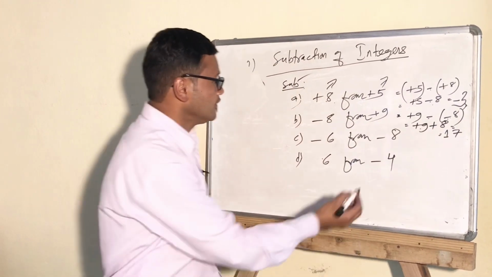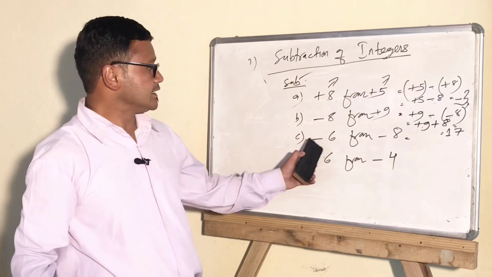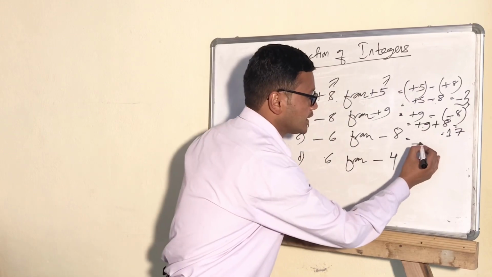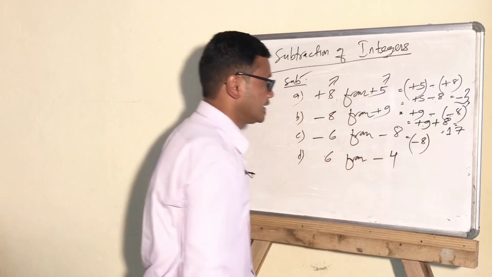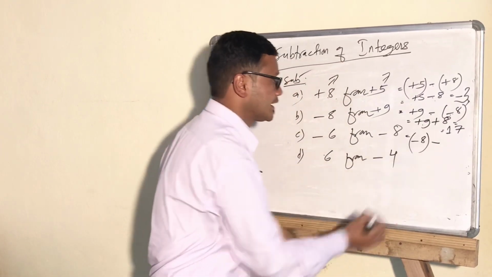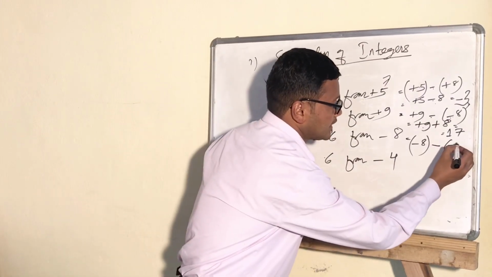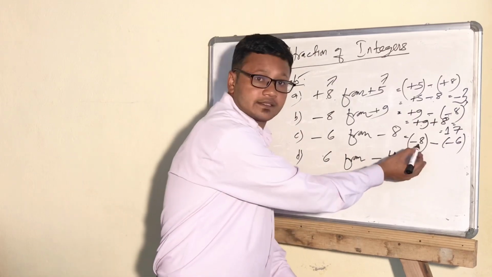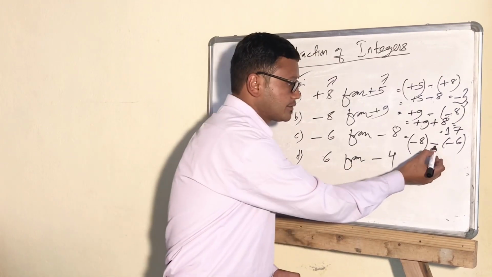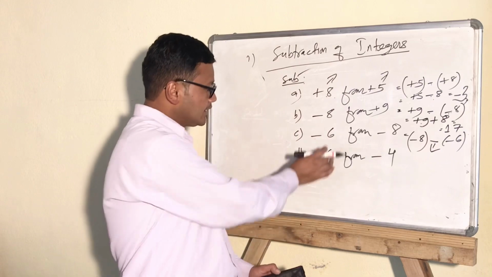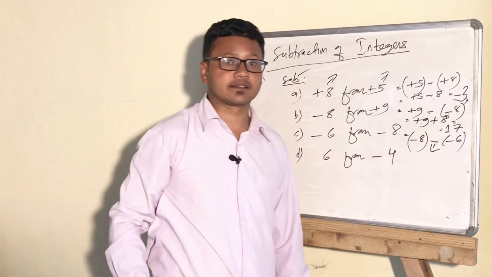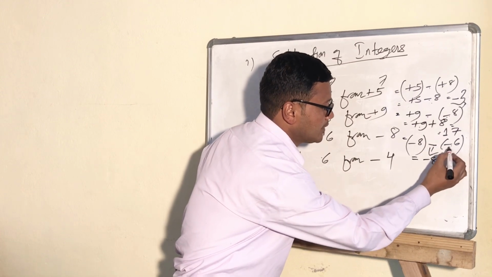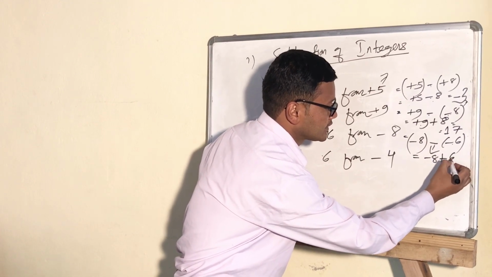Now number C, minus 6 from minus 8. Write minus 8, put the bracket, then subtract, we have to write minus, then minus 6 inside the bracket. Now open the bracket again: minus 8, minus into minus, plus 6.